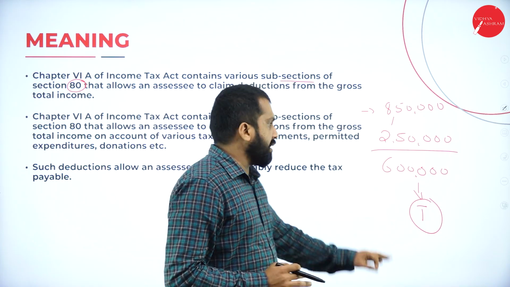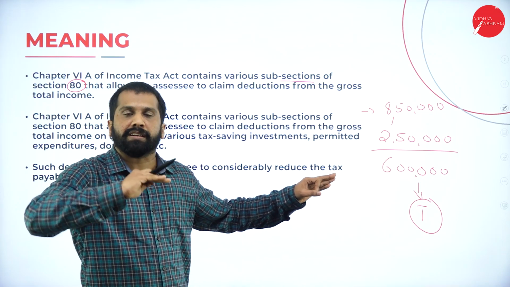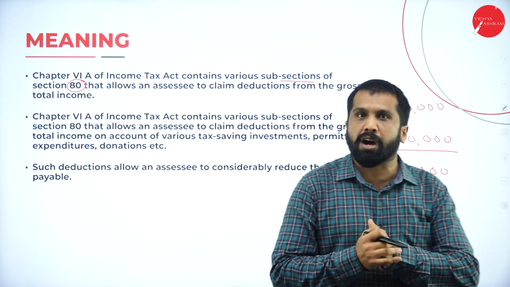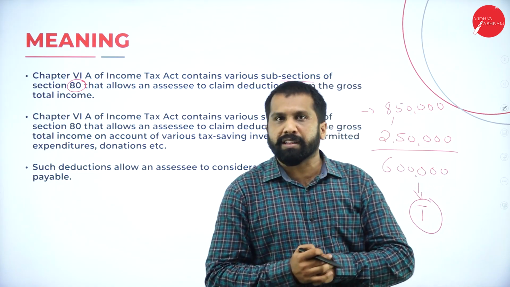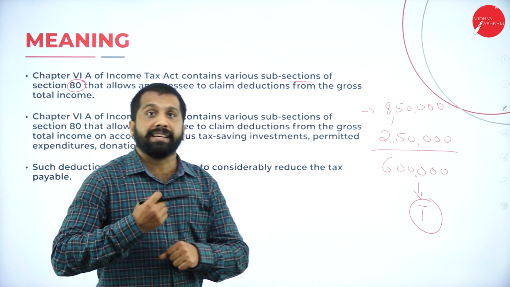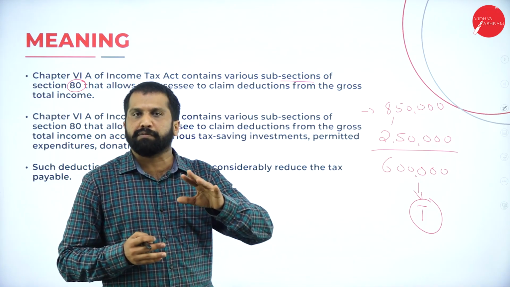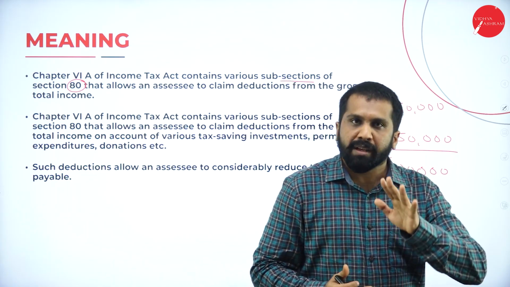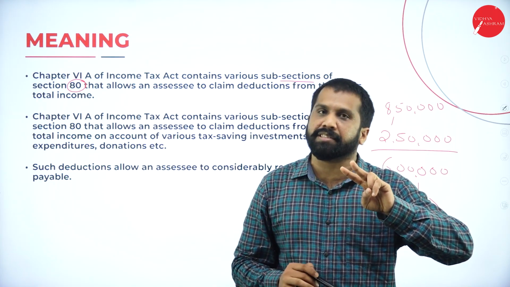Now, you're supposed to pay tax on what? 6 lakh. Still, you can avoid tax. How? Like, assume that you have taken a house. So, for that house, you're paying interest. Every year, just assume that I bought a house for 50 lakh. Every month, I am paying 50,000 EMI. In that 50,000, 20,000 is the interest.